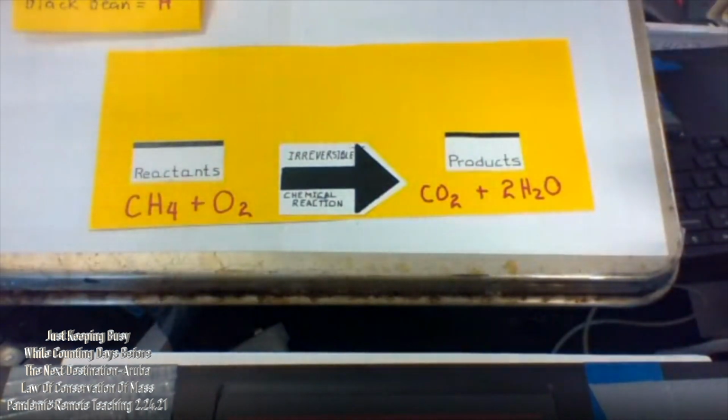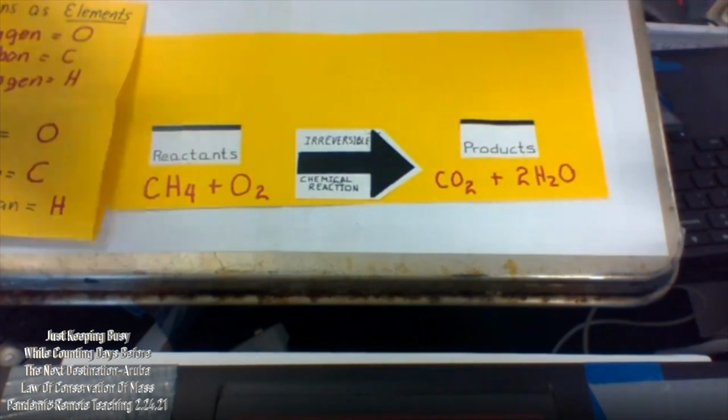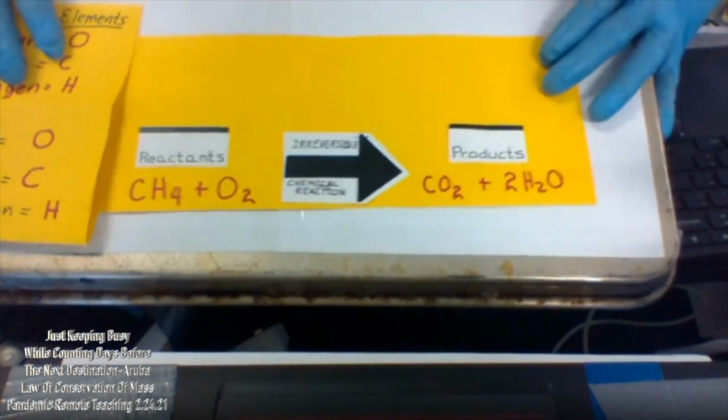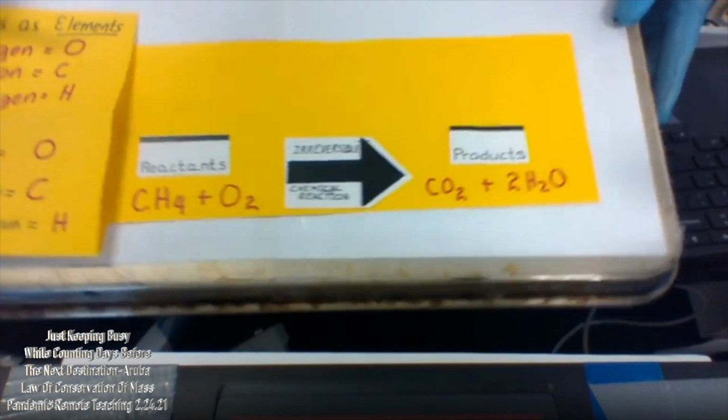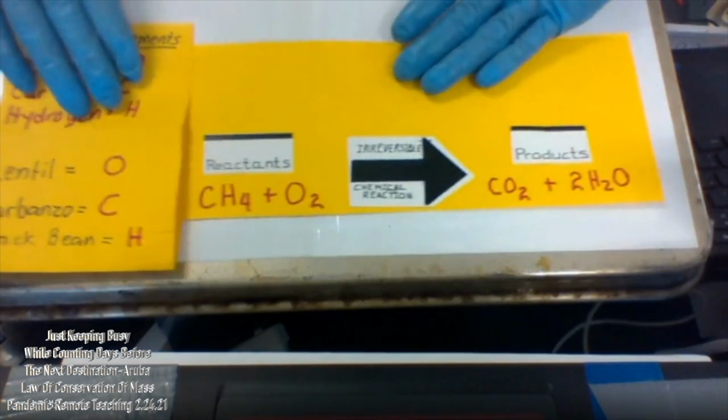All right. I do have the equation. Now, it's time for me to use the beans. I will refocus the entire image so you will be able to follow along with me.